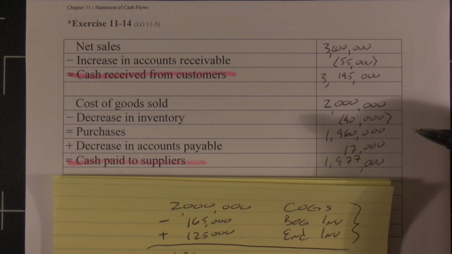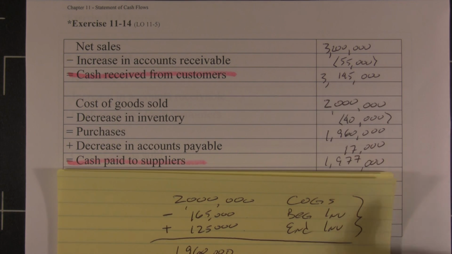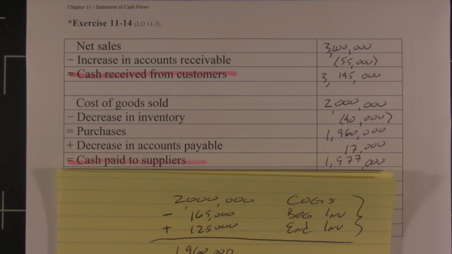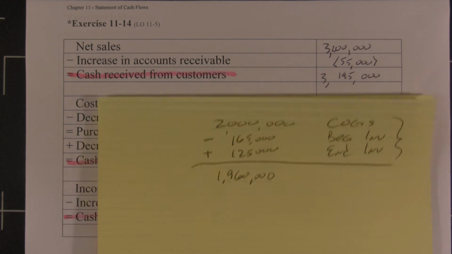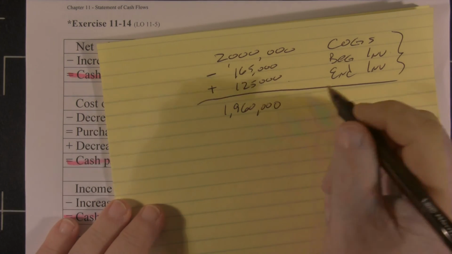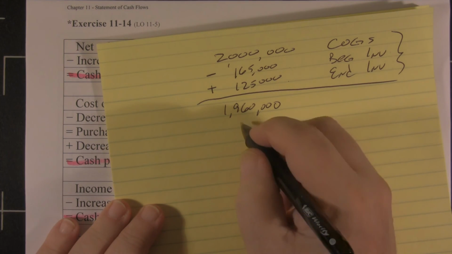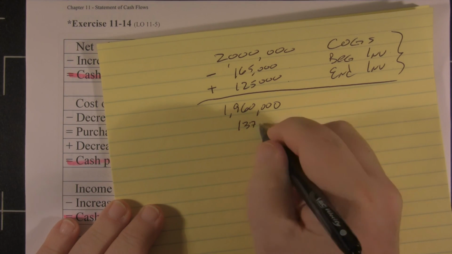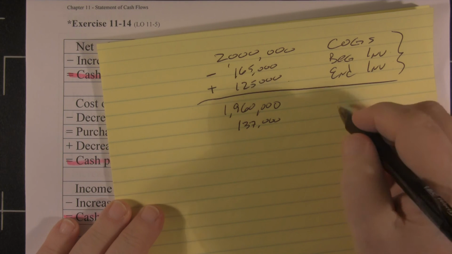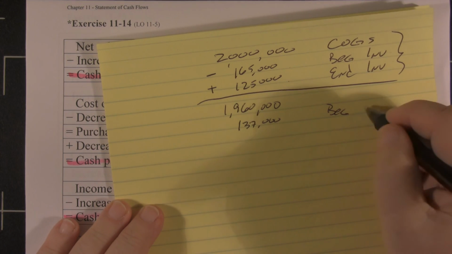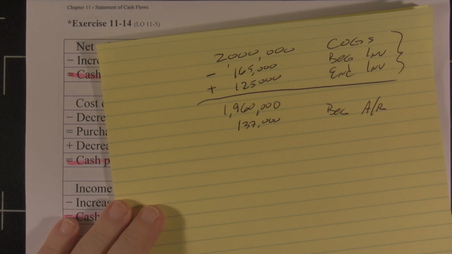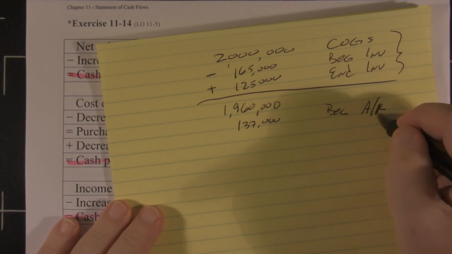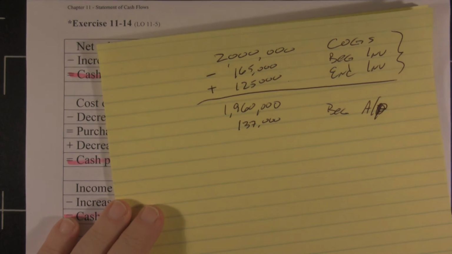Now we have accounts payable. And that works the same way. We assumed that we had to pay all of our beginning accounts payable or people would not have sent us money. So we're going to add that because remember this is a cost here. So we're going to add the 137,000. That's our beginning accounts payable. And we're going to subtract our ending accounts payable. I wrote receivable, I meant payable.